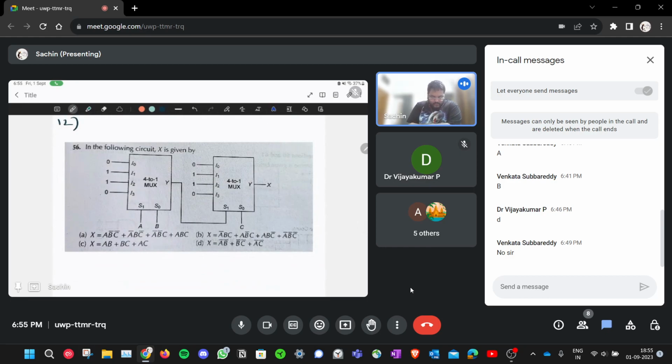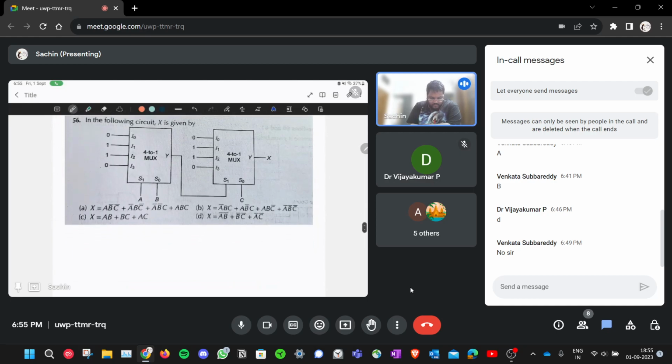They're asking what x is in terms of the inputs. They're asking us to write a Boolean expression. In previous classes we have seen that for a 4:1 mux, the output is given by S1 bar S0 bar I0 plus S1 bar S0 I1 plus S1 S0 bar I2 plus S1 S0 I3. That's the output of a 4:1 mux.